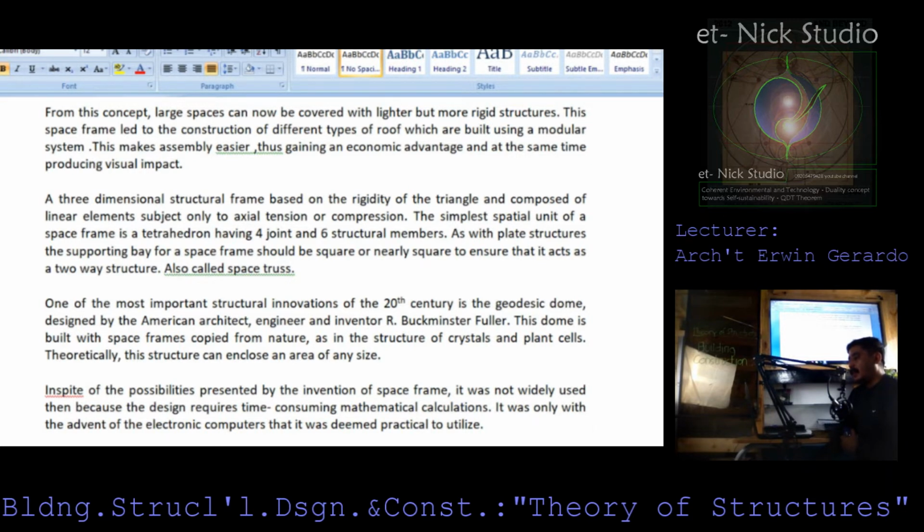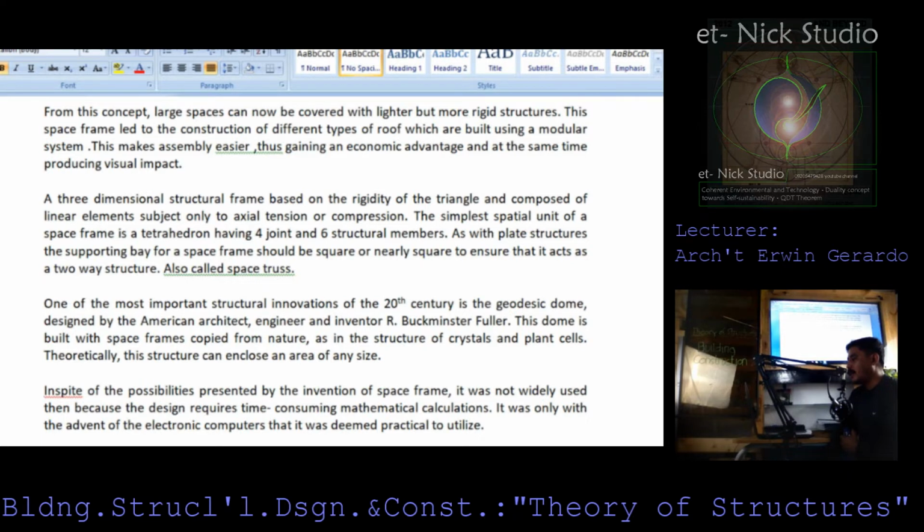A three-dimensional structural frame based on the rigidity of the triangle and composed of linear elements subject only to axial tension or compression. The simplest spatial unit of a space frame is a tetrahedron, having 4 joints and 6 structural members.